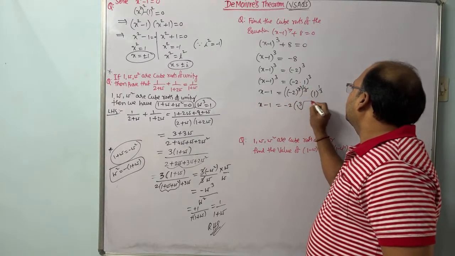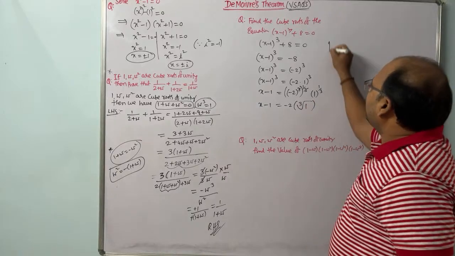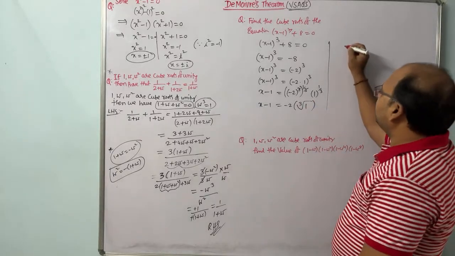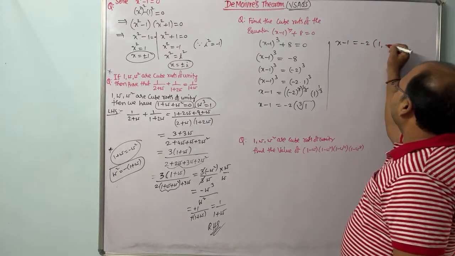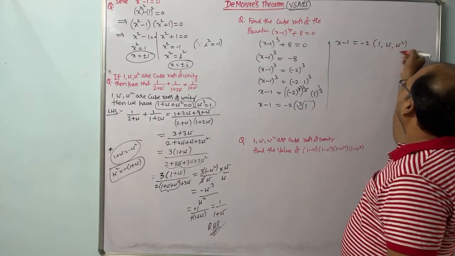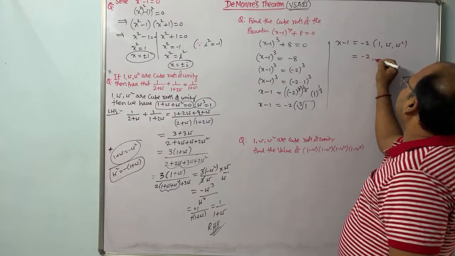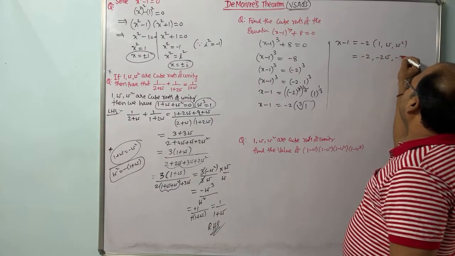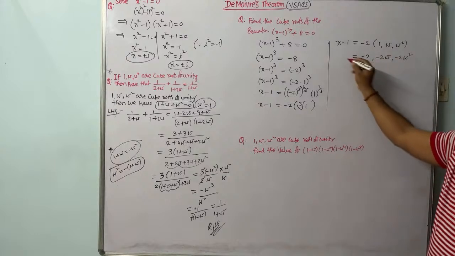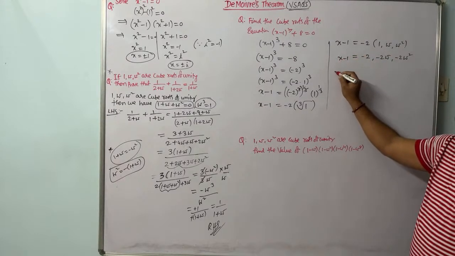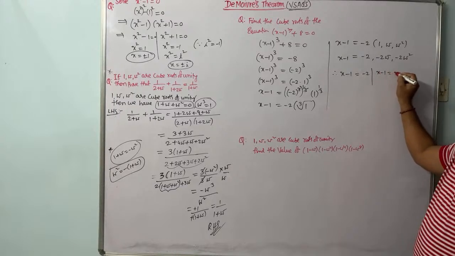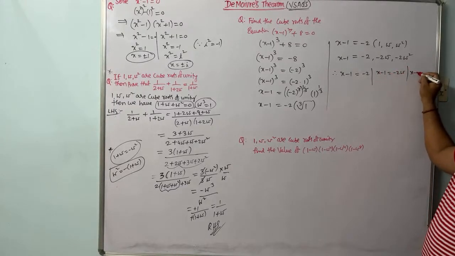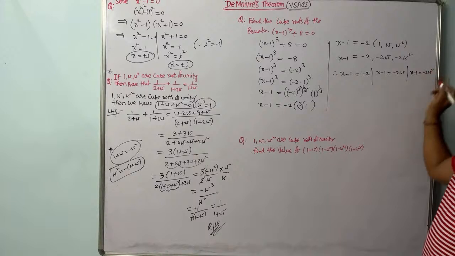What are the cube roots of 1? We know, as in the previous question also, the cube roots of unity are 1, omega, omega square. So x minus 1 takes the values minus 2, minus 2 omega, minus 2 omega square. So x minus 1 equal to minus 2, x minus 1 equal to minus 2 omega, x minus 1 equal to minus 2 omega square.